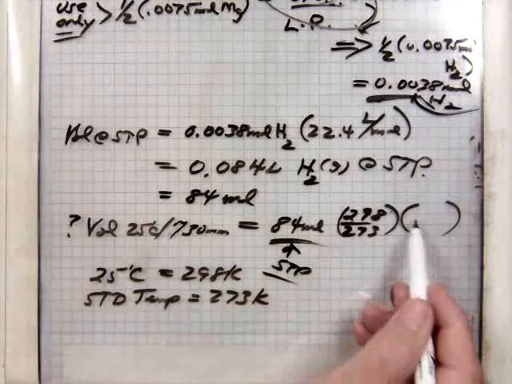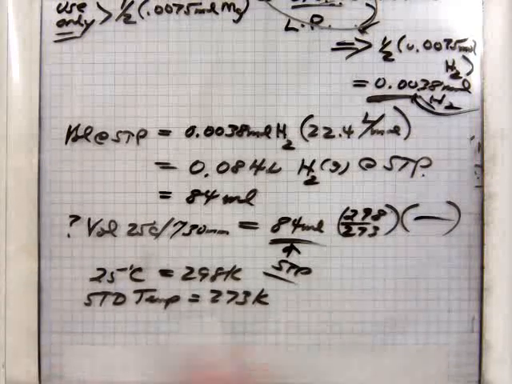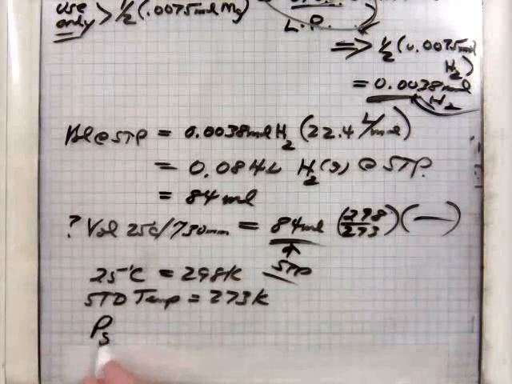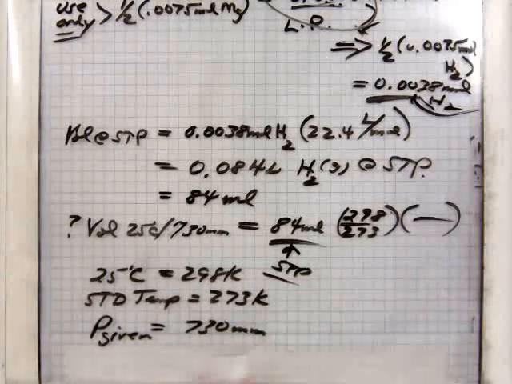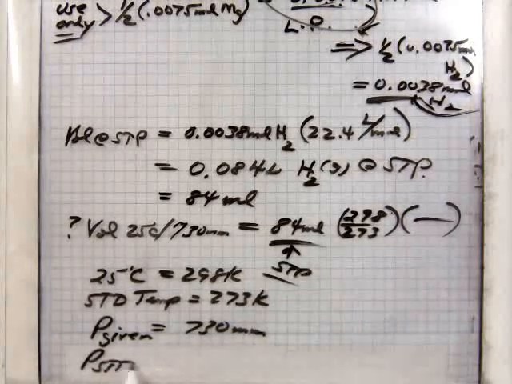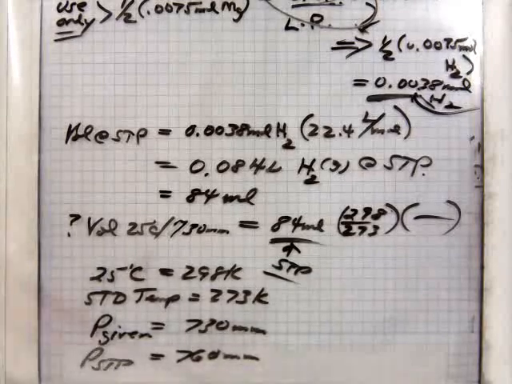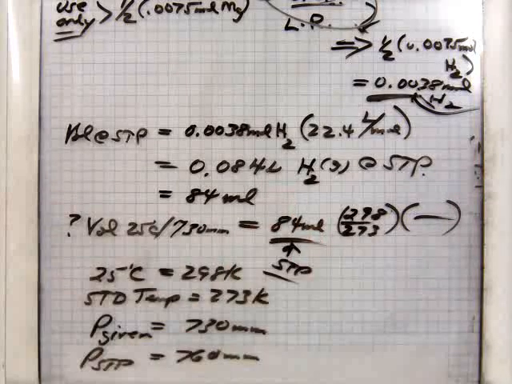Now what about pressure? I've got to get a bigger number because I went down in pressure. So the pressure given is 730 millimeters. Well, the standard pressure, STP, is 760 millimeters. I need a ratio of those two numbers times that, which will give me a bigger number.